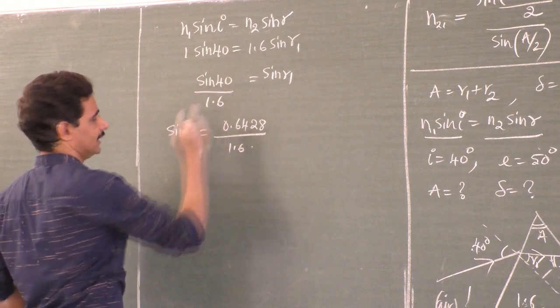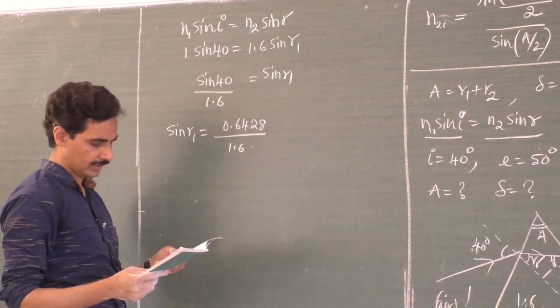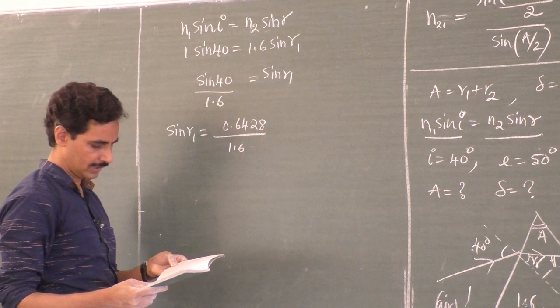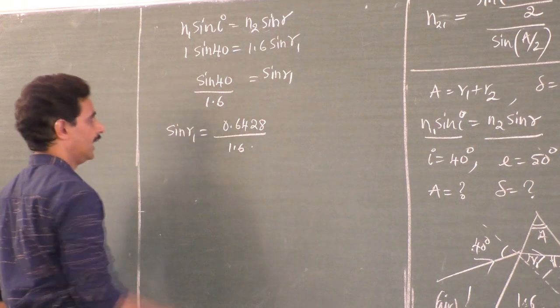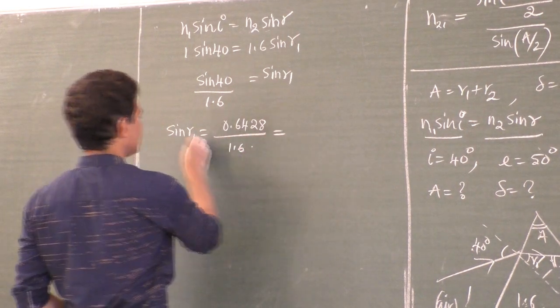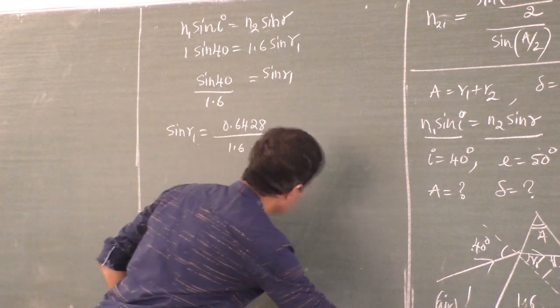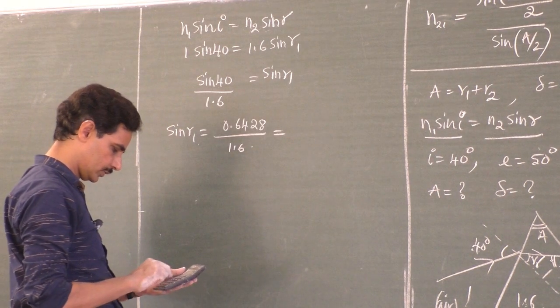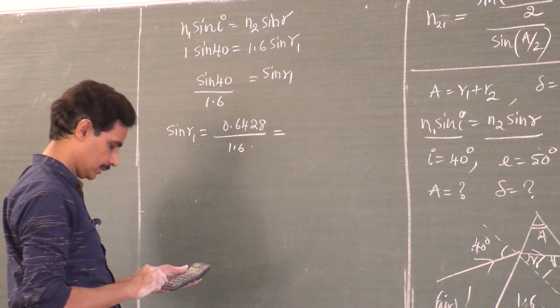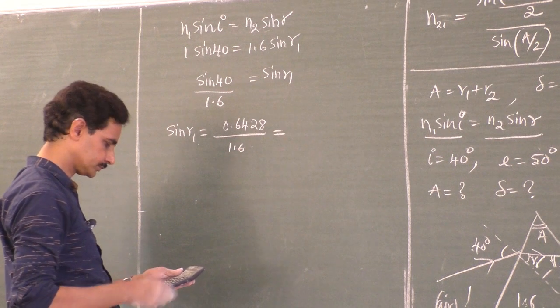Sine 40 is greater than this, so greater than 0.5. 0.6428 is the sine 40 value. That is equal to sine R1. What is 0.6428 divided by 1.6?